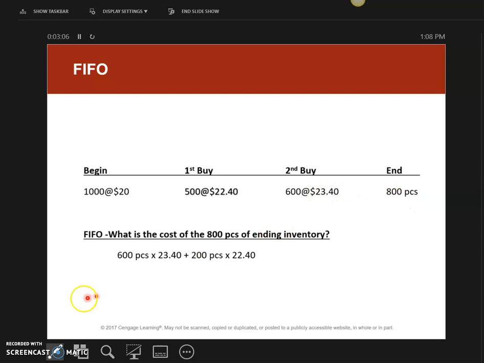Of the 800 pieces, 600 were at $23.30 each, plus 200 from this batch at $22.40. And that's how we figure out the cost of the ending inventory under the periodic FIFO method. Really simple.